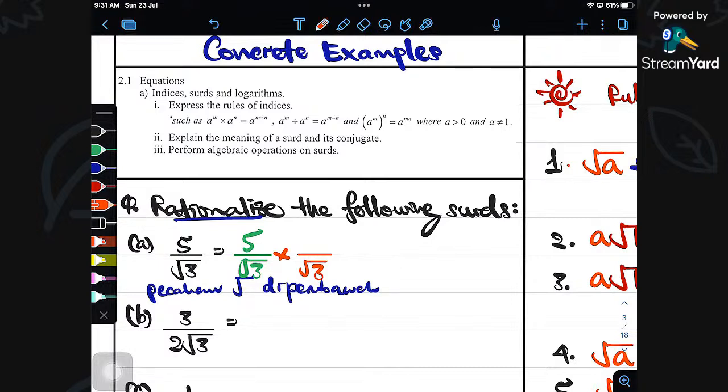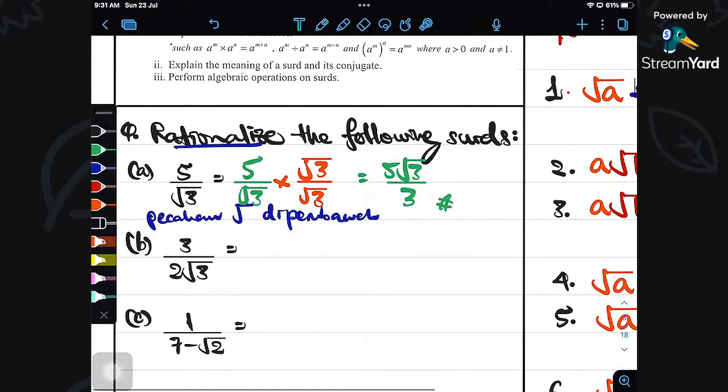Tapi jangan lupa, rationalize mesti atas dan bawah sama. Therefore, we copy paste. And so the answer is 5 square root 3 divided with 3. That's the answer. So we call this, we times by itself. Okay, we darabkan dengan dirinya sendiri supaya kita dapat positive 3 sahaja. And so we are happy there is no surd di bahagian pembawah.